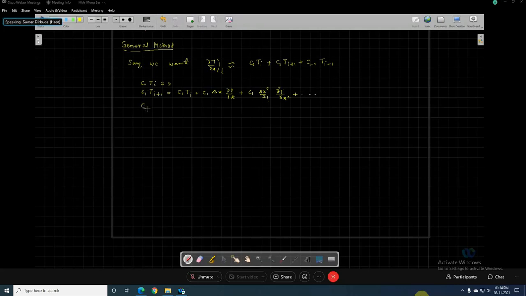Similarly, you can write C minus 1 T I minus 1 equals C minus 1. C minus 1 is a term, okay, just a constant coefficient, naming them as C1 or C minus 1, this is subscript. T I plus C minus 1 delta x del t del x plus C minus 1 delta x square by 2 factorial.